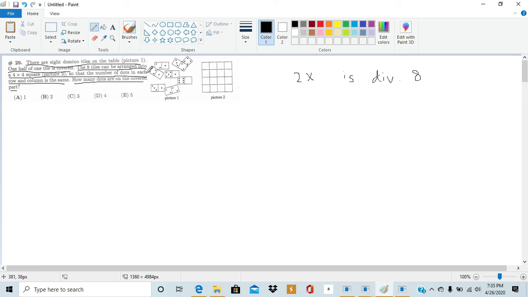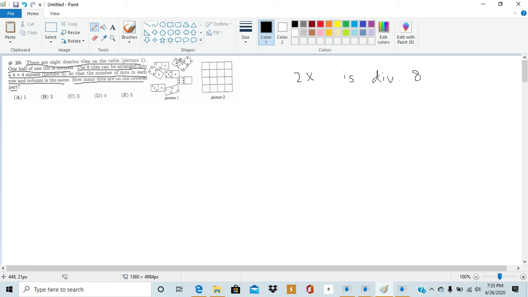So just looking at the number of dots here, we can count up the number of dots already visible and try to use this to predict how many dots are on the part that we can't see. And then we can use it because let's say the number of dots here is a couple off from being divisible by 8. Then we realize since it works, it has to be divisible by 8. And we can use that to infer the number of dots on the hidden part.